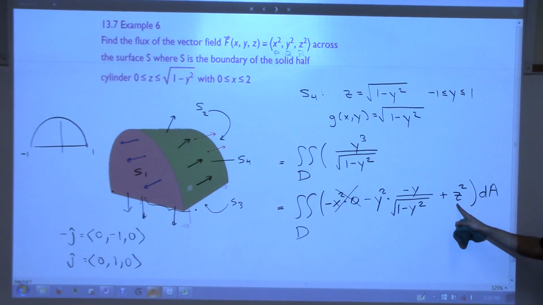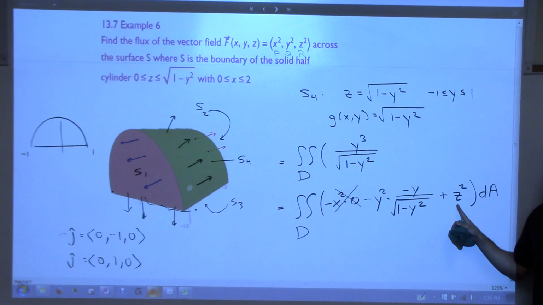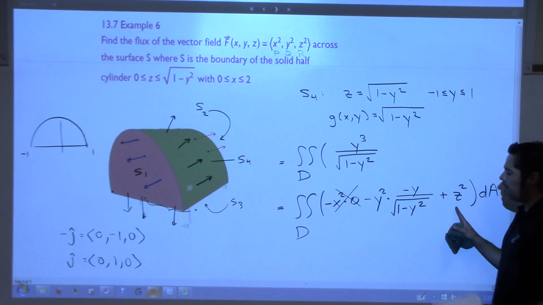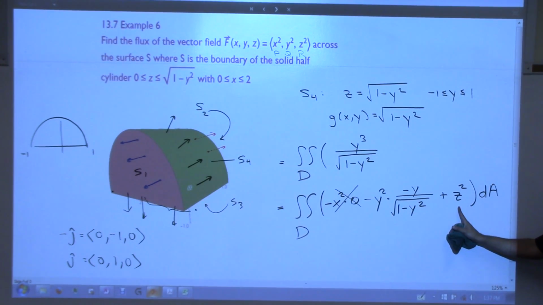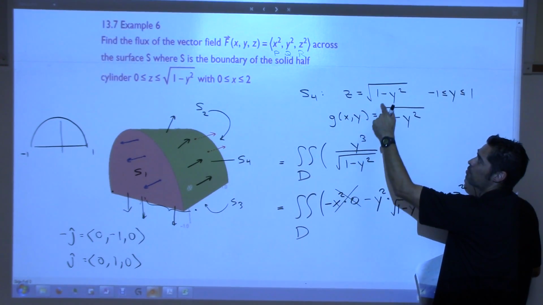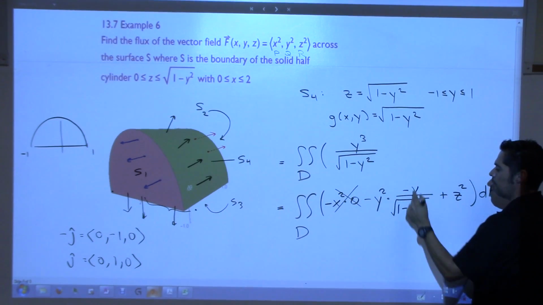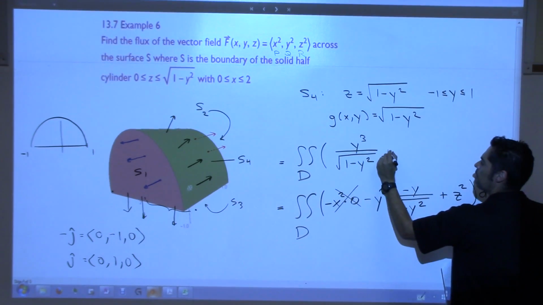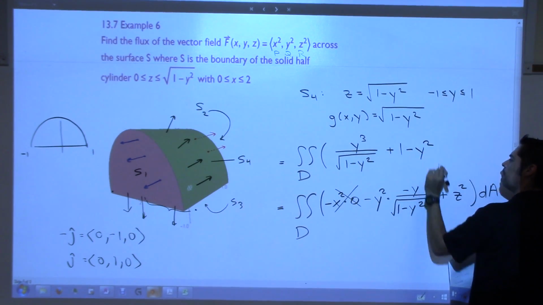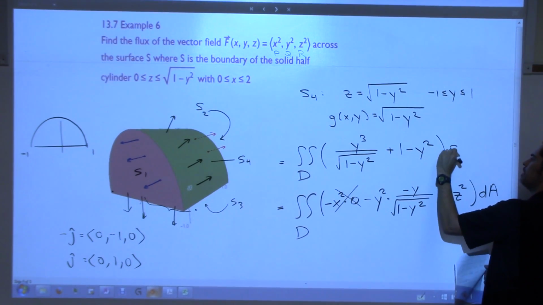Plus z squared. Now look, what are the integration variables going to be here? X and y, right? So we can't have a z in here. But do we know what z squared is? That's what z is, right? So square both sides. So z squared is 1 minus y squared. So I'm going to replace this with 1 minus y squared, plus 1 minus y squared. And then dA.